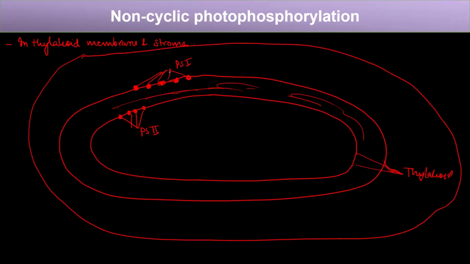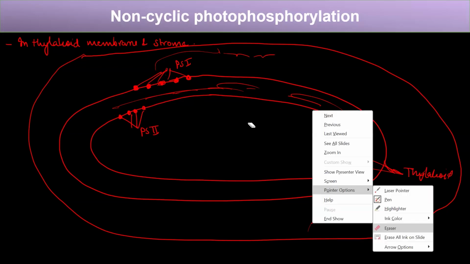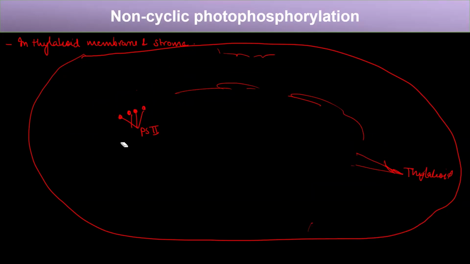If it will catalyze some reaction, it will go into the stroma, right? Because of this reason, I'm saying that this non-cyclic phosphorylation is happening in the thylakoid membrane and the stroma.